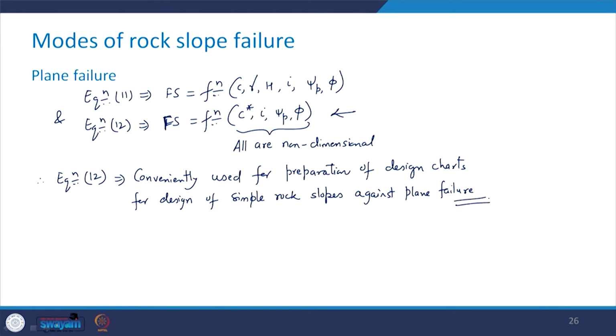So, rather than writing this factor of safety in terms of the dimensional parameters, we prefer to use equation number 12 because it is easy for us to make various design charts for the design of simple rock slopes against the plane failure. Now, this was all about the simple analysis as far as the plane failure is concerned.